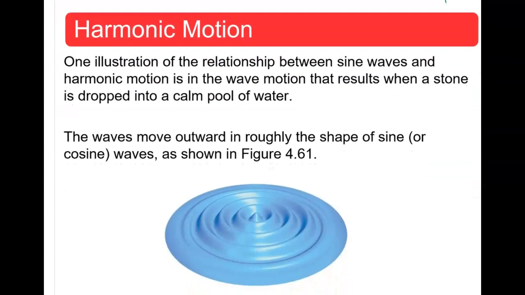Other examples of harmonic motion, we have the illustration here, and it is the wave motion that results when a stone is dropped into a calm pool of water. The waves move outward in roughly the shape of sine or cosine waves.